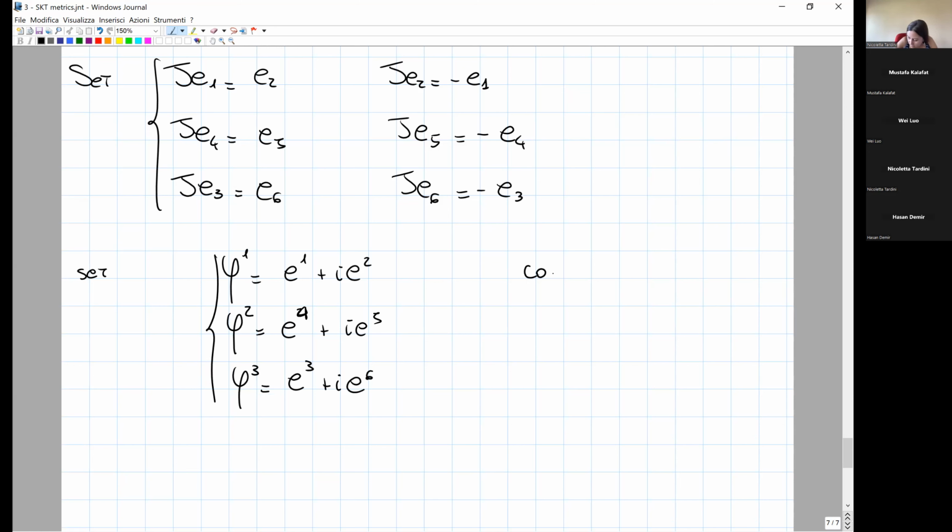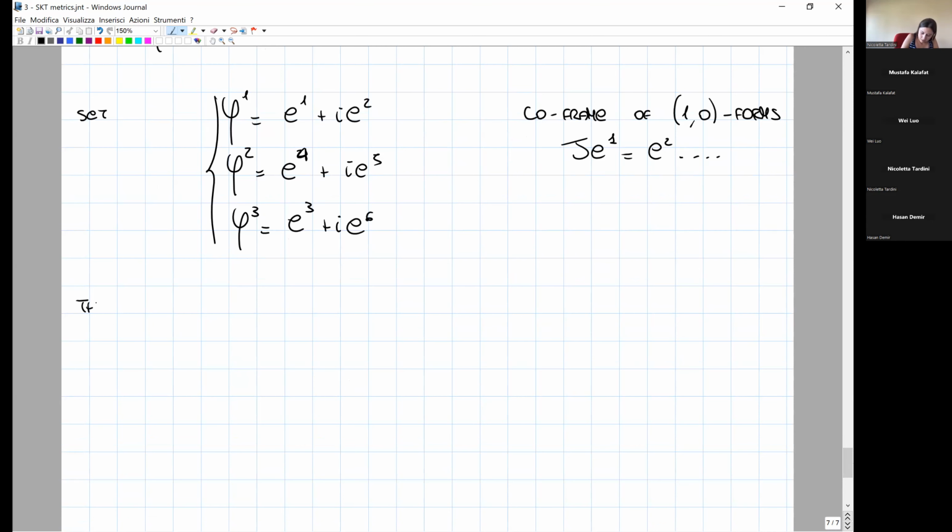And this is a coframe of 1-0 forms. They have type 1-0 with respect to the complex structure, okay? Because in fact, J of e1, with the upper index, this is a one form, is equal to e2, and so on.